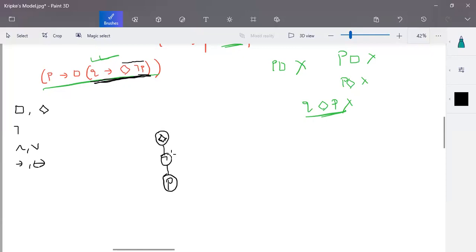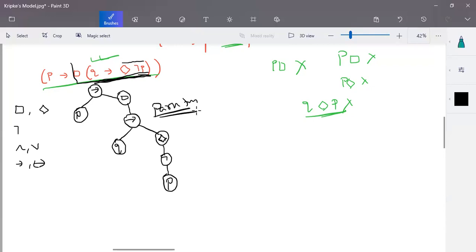Connected using your diamond shape. Now your implies Q. This is your unary operator. Unary operator means it just has a single branch. Done for all this, and using your implies, I'm going to connect it with P. So this is how we represent a parse tree structure for your Kripke's model.